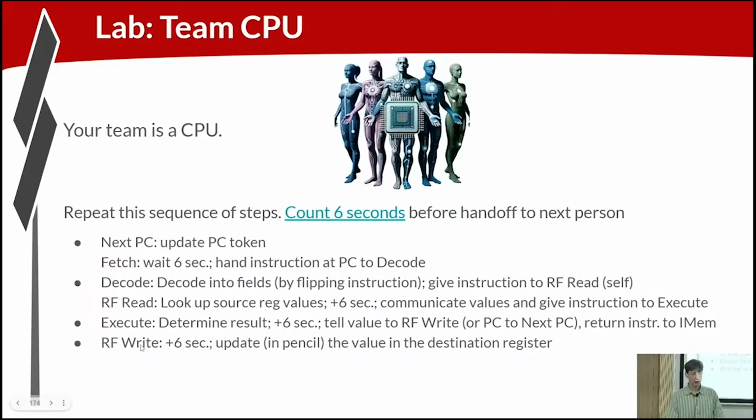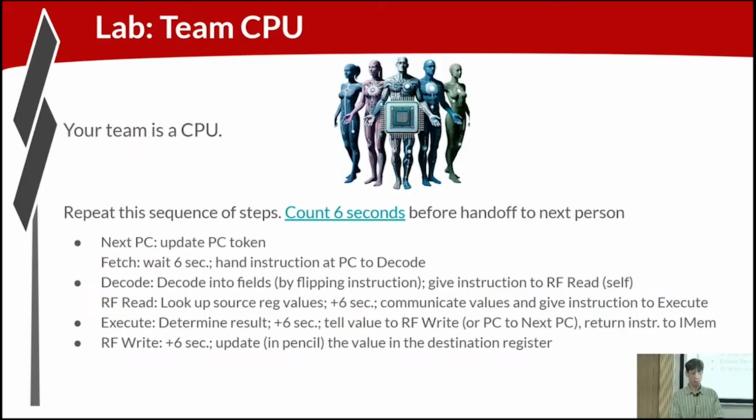Register file write, we'll take the pencil, update the register value, and that's the instruction complete, right? So I guess ideally register file write, sort of wait 6 seconds and then update the value. And then repeat. So first we're going to do this sequentially.